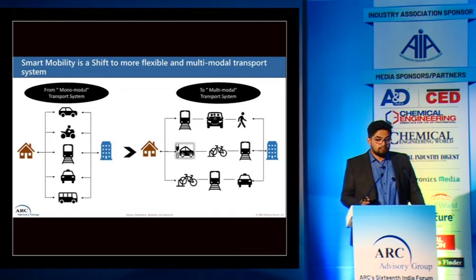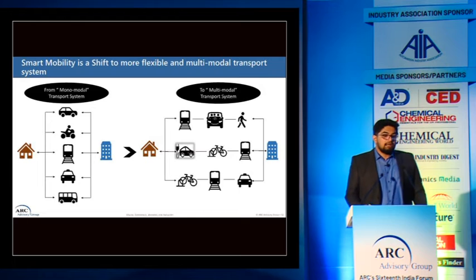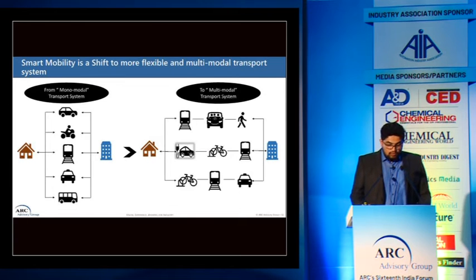Instead, when all the phases of smart mobility are connected, it is a multi-modal transport system where you can use the train or a carpool system, and also walk to your office. Early morning, you check your smartphone, and it says you can reach your office faster if you take a metro first, then carpool, then walk to your office. This will be the advice given by a smart mobility system.